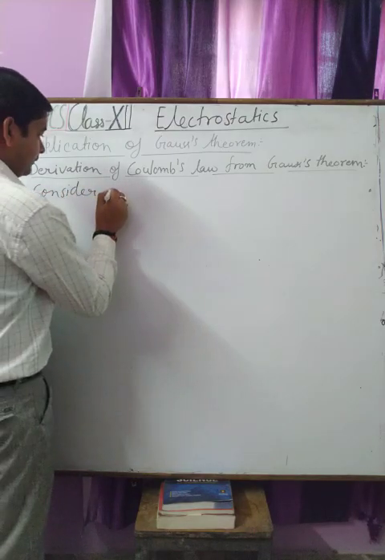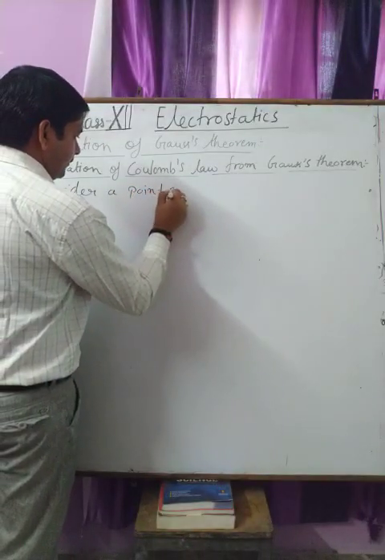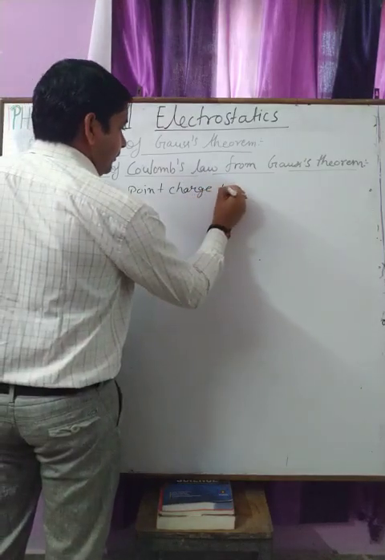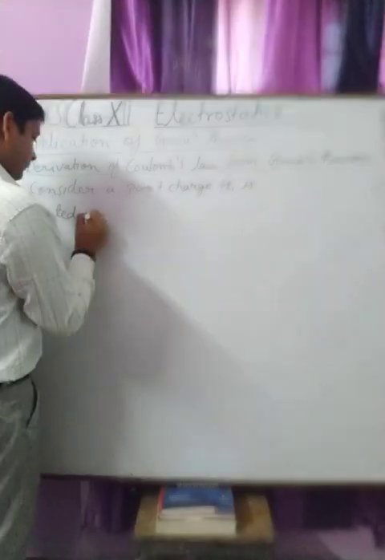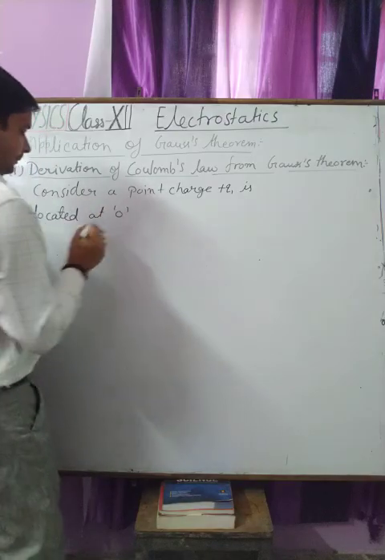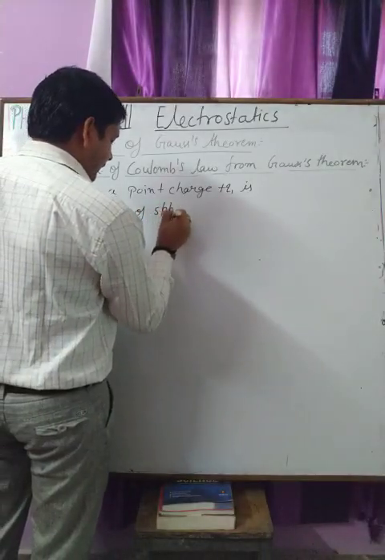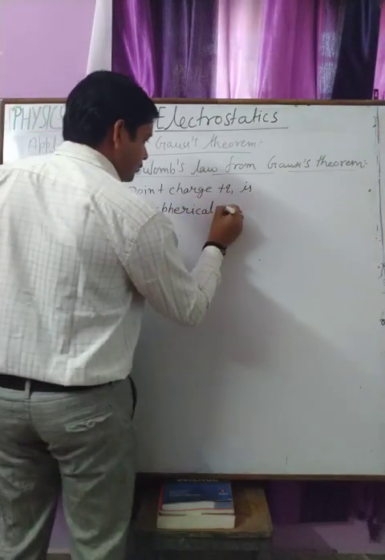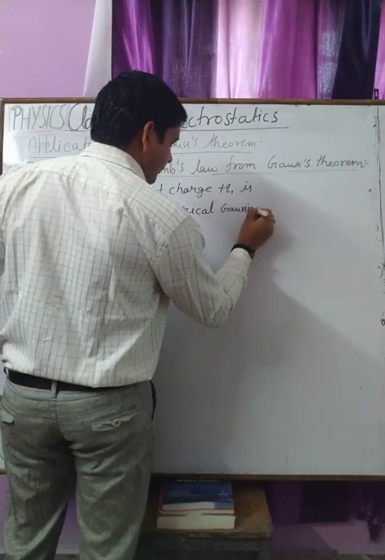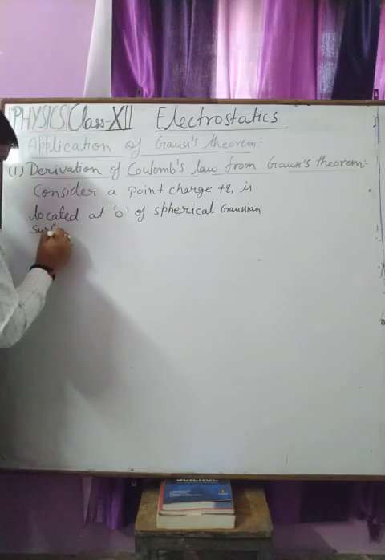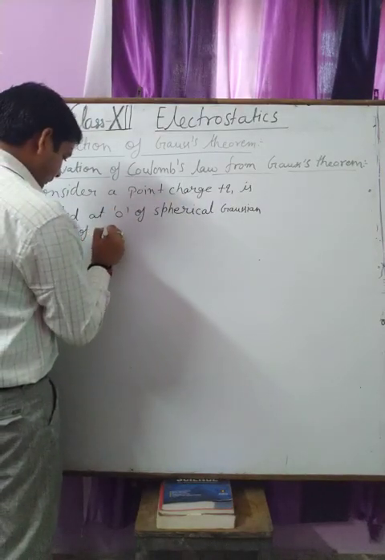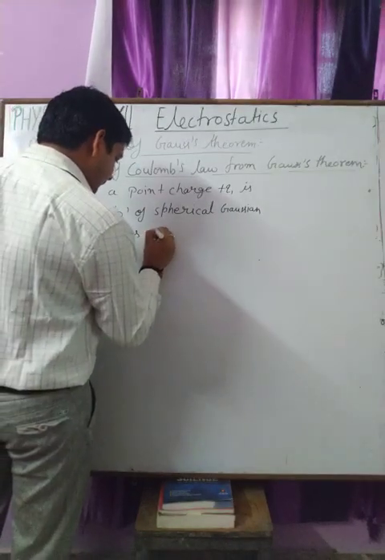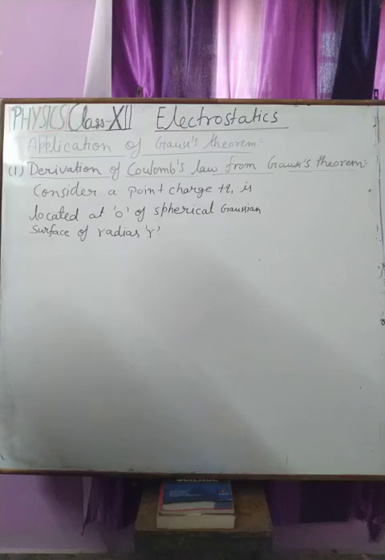Consider a point charge +q1 located at O, the center of a spherical Gaussian surface of radius r.